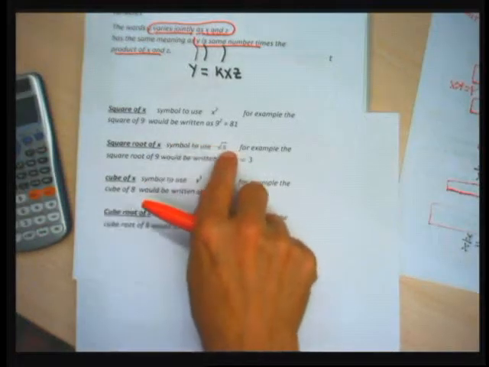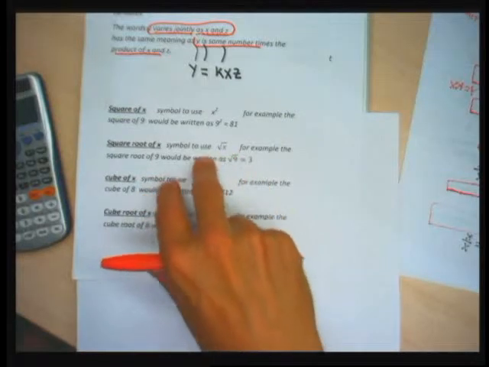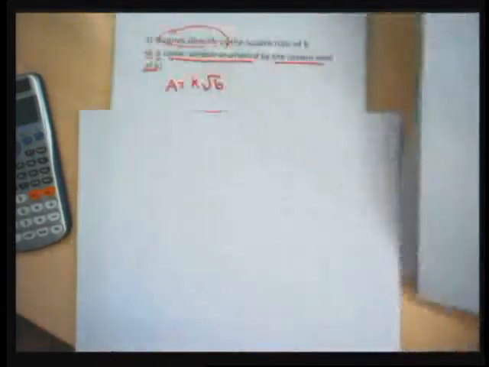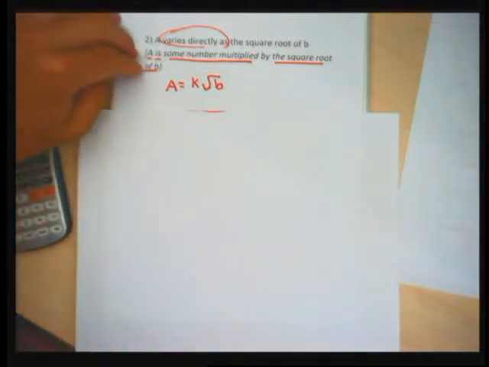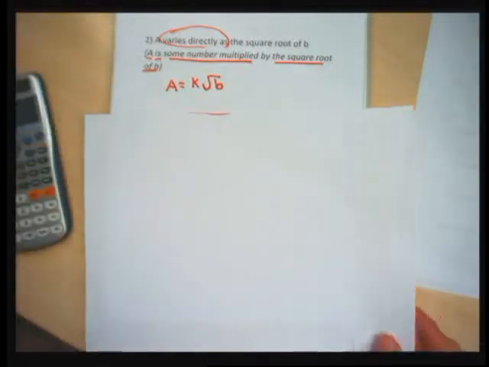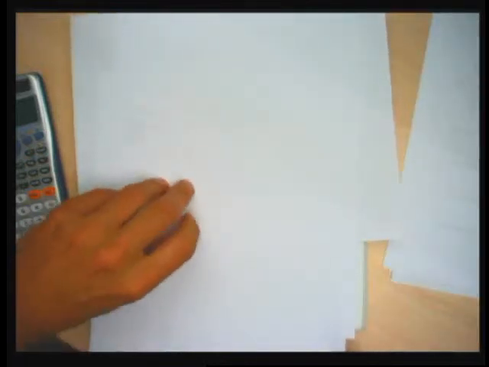Square root of x would mean x under the radical. Square root of b would give me a b under the radical. And that's absolutely all there is to do for problem 2. I just want us to get used to changing sentences into equations. You don't have to do what I did parenthetically there, although it's not a bad idea to do it. So I'm going to do the same thing for problem 4 when I get to it.